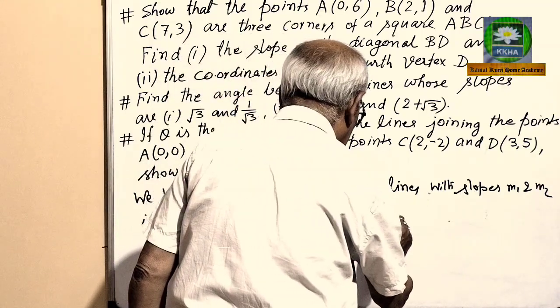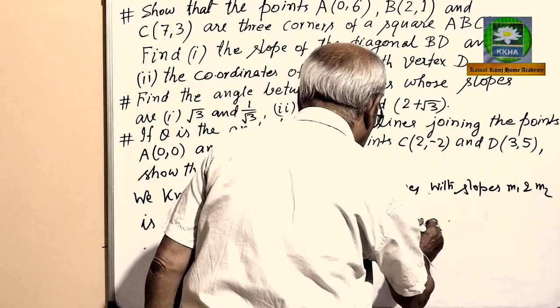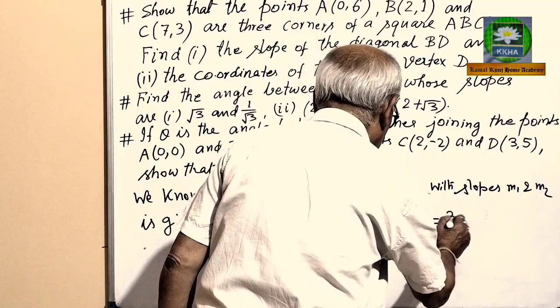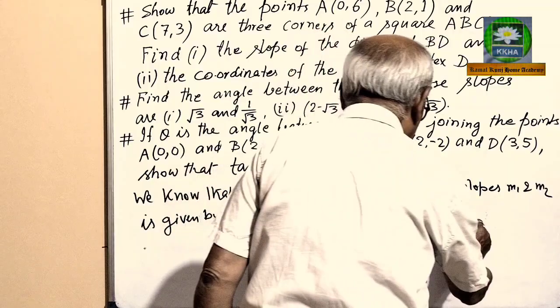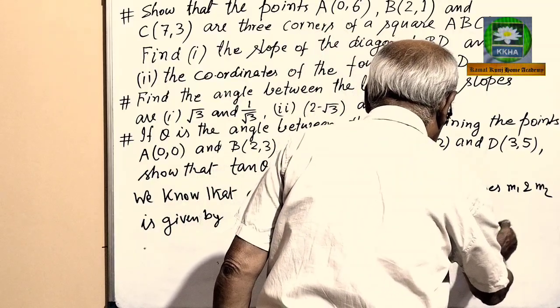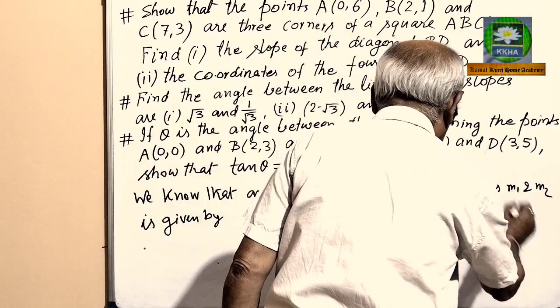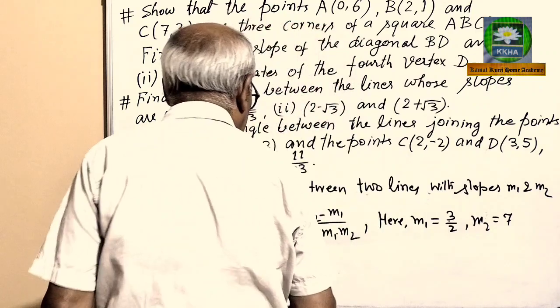Now here m1 is equal to 3 upon 2, m2 is equal to 7.